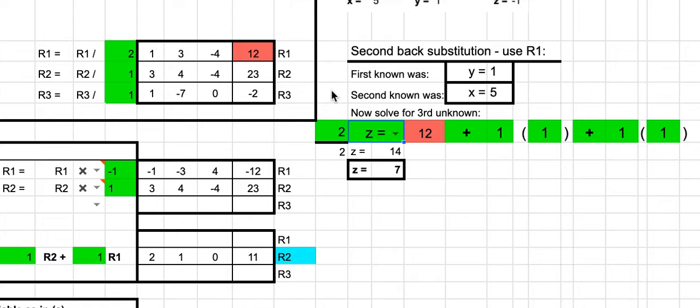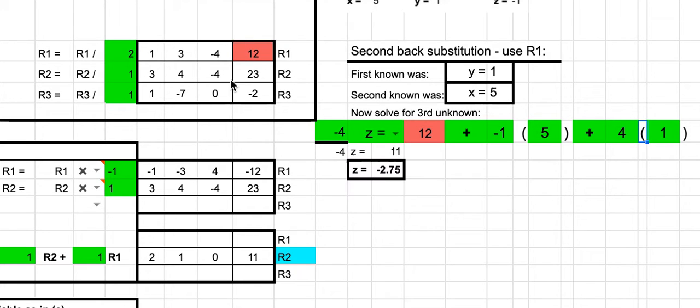So in row 1, I know I've got, how many z's do I have? 1x, 3 y's, negative 4 z's. So negative 4 z's is 12. Then I have to take away 1x. And that x happens to be worth 5. And then I have to add 4 z's. Because that's subtract 4.